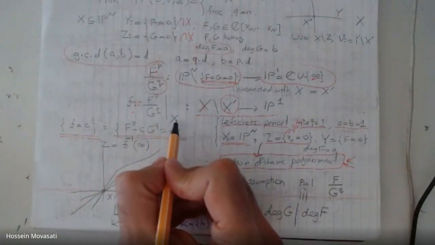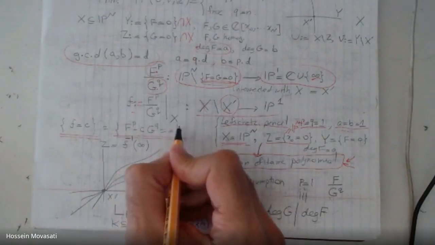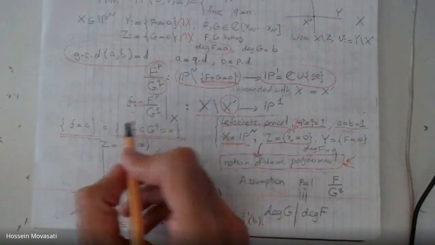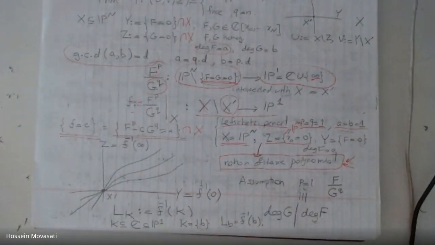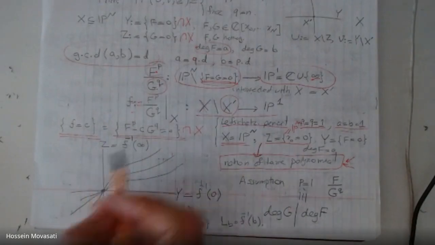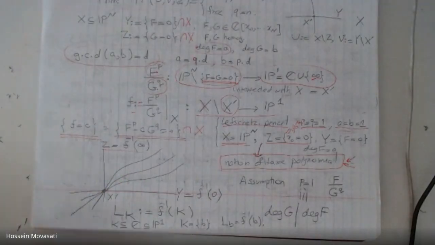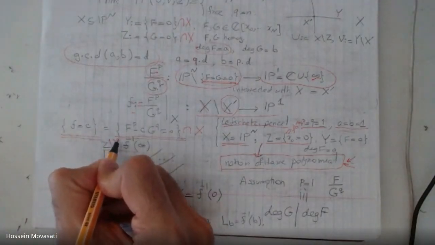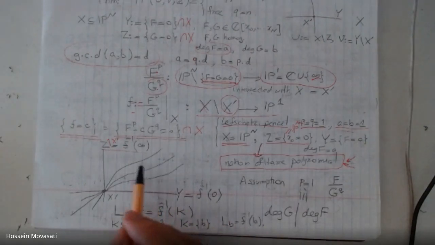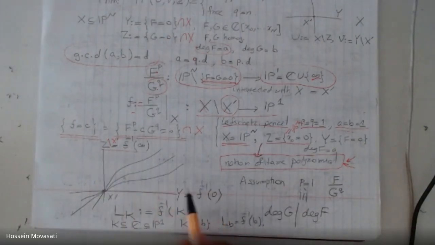And from now on, just remember that we always restrict to X. So at the end of the day, this is intersected with X. So by our notation, Z minus X prime will be the fiber at infinity. We will remove the fiber at infinity from our notation. Y will correspond to the fiber 0, Y equal to f^(-1)(0).